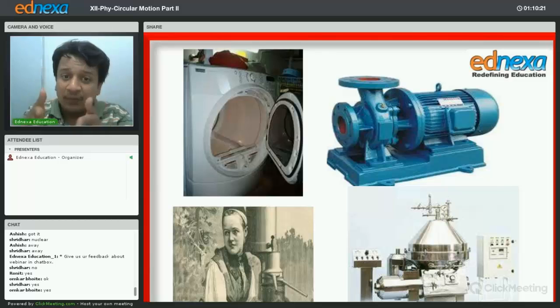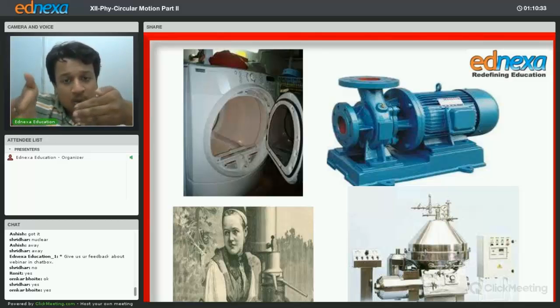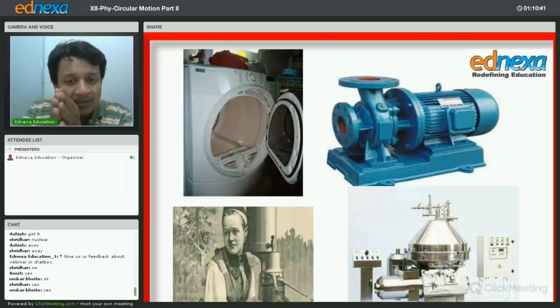So the centrifugal force will throw all the clothes towards the wall of the washing machine, and the clothes will get pressed between the wall and the centrifugal force. As the clothes get pressed over there, what will happen?